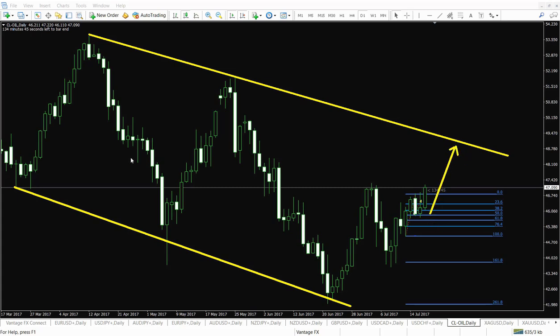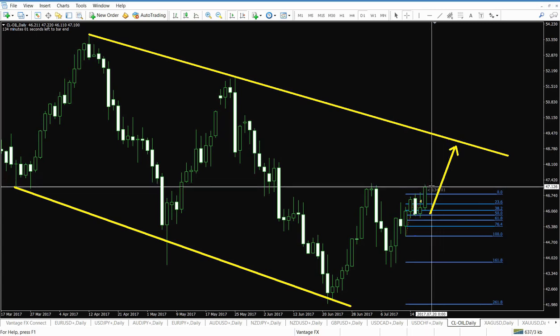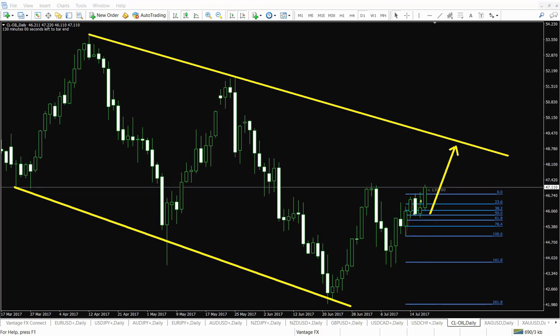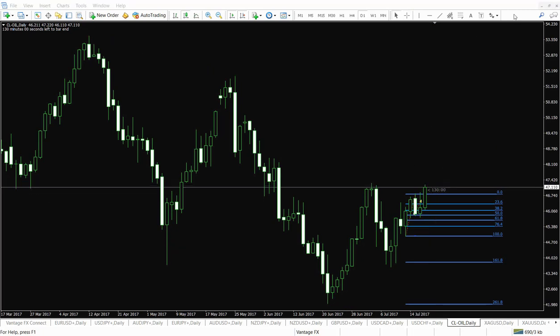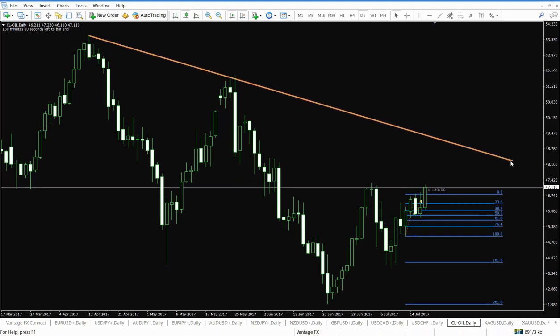There is no resistance close to this level, so we hope if you enter here, you're going to have room for profit, probably around, let's say, 170 pips. You can put your target at 120 pips. So let me draw these channels. We're going to keep these lines for the future analysis.